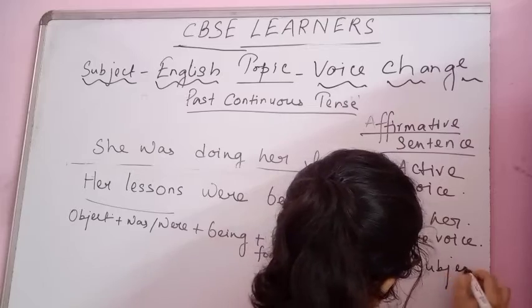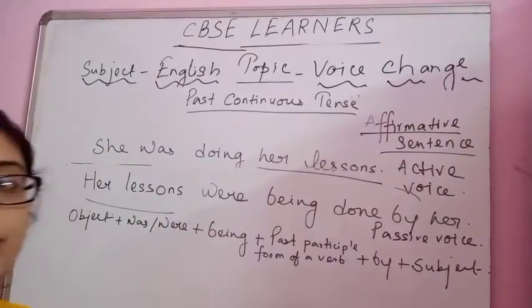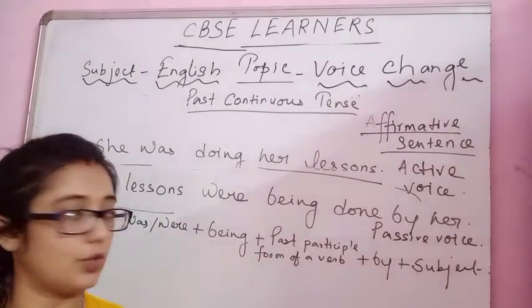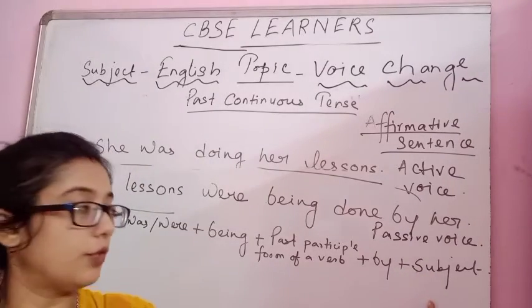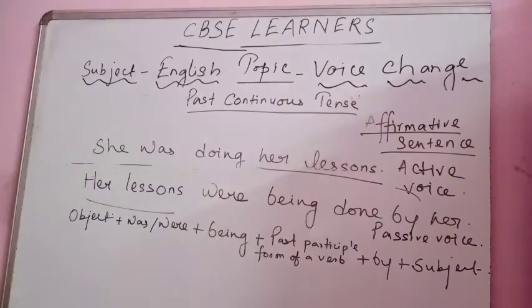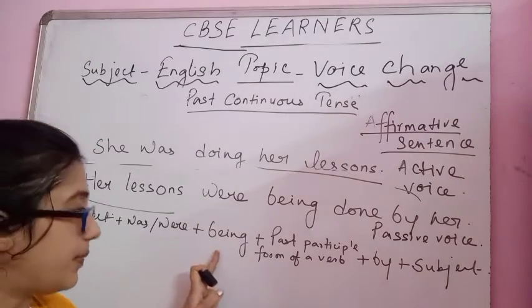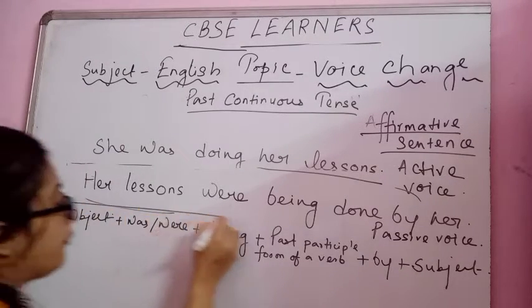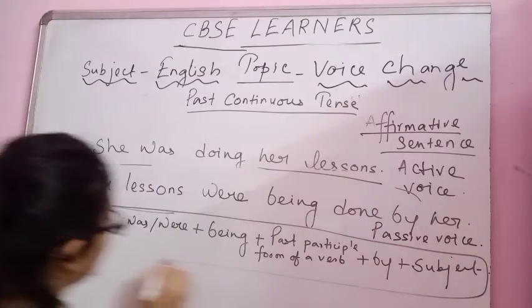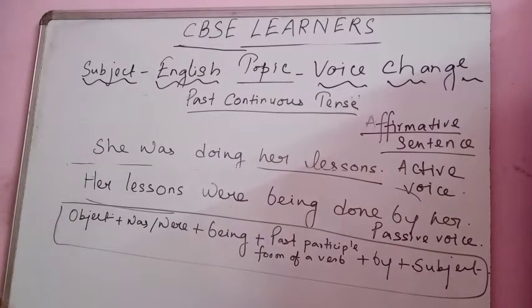So basically we get confused with this one because at last we are habituated to write the object. Most of the time we write object, but actually in case of passive voice the subject will be at the last. So object plus was or were plus being plus past participle form of verb plus by plus subject. I hope this is very clear to you. She was doing her lessons, her lessons were being done by her. So this is clear.